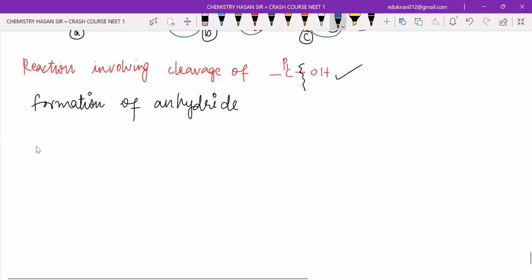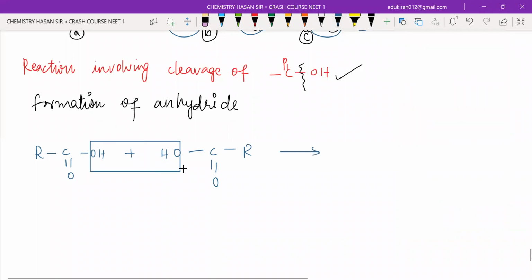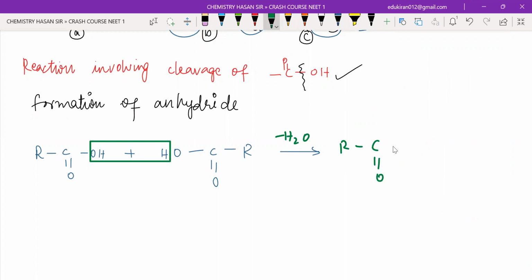As you can see, this is your carboxylic acid. We are going to take 2 moles of carboxylic acid in this way. And if you are going to break this bond, you just need to remove water. Then you will be getting anhydride. This is how formation of anhydride takes place from carboxylic acid. So please do write it.